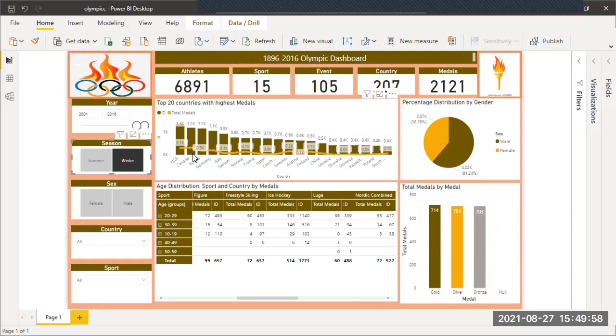The US still tops the charts, followed by Canada, and now we have athletes winning more gold medals in the winter season than the summer.